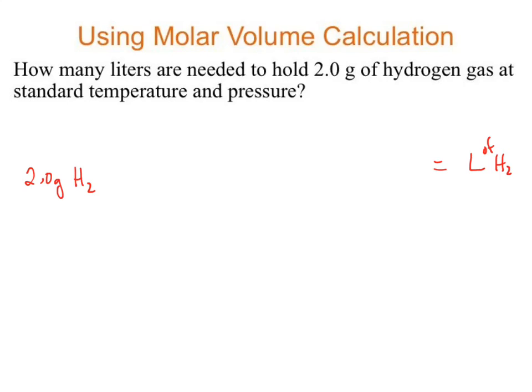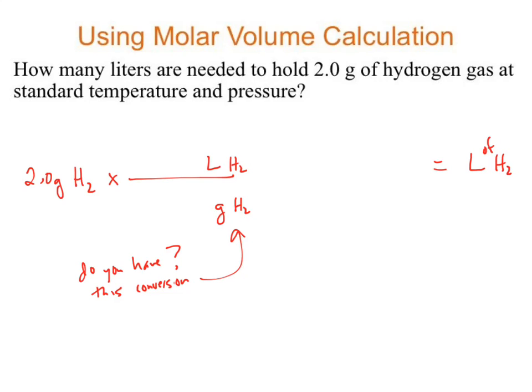So when we're looking at hydrogen gas, you have to remember it's one of those diatomic elements. You have to make sure you use H2. That's all the help I'm going to give you for the moment. We've got where we want to get and what we start with. Start to drop in your conversion factors and see what can happen. I'll give you a few minutes to work on this.